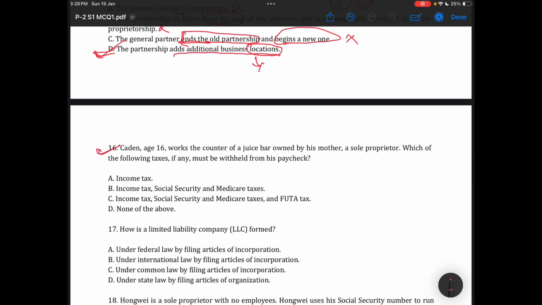Then the next question is 16. Yeah, it's also a very important topic. The question is, Caden, age 16, works at the counter of a juice bar owned by his mother, the sole proprietor. Which of the following taxes, if any, must be withheld from his paycheck?